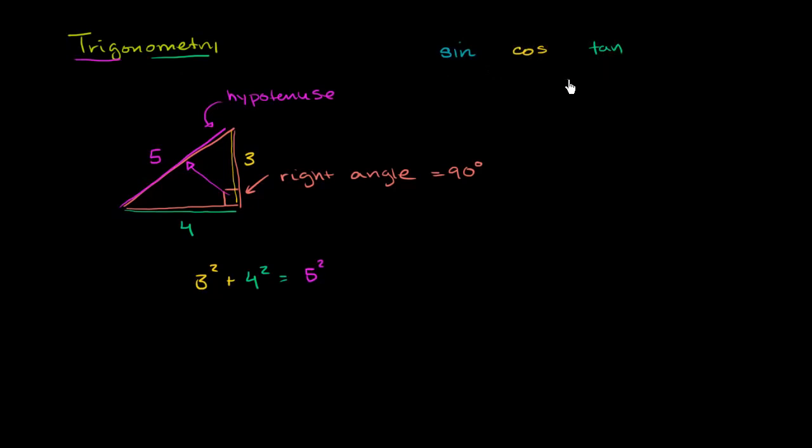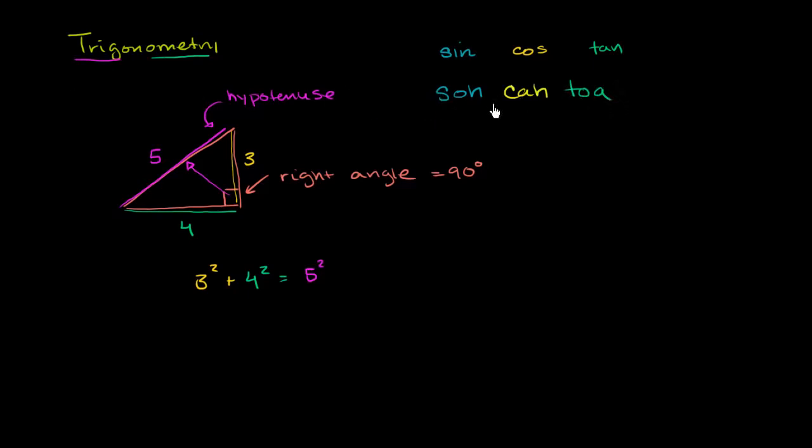These really just specify, for any angle in this triangle, the ratios of certain sides. So let me write something out. This is a bit of a mnemonic to help you remember the definitions of these functions. It's called SOHCAHTOA. And you'll be amazed how far this mnemonic will take you in trigonometry.